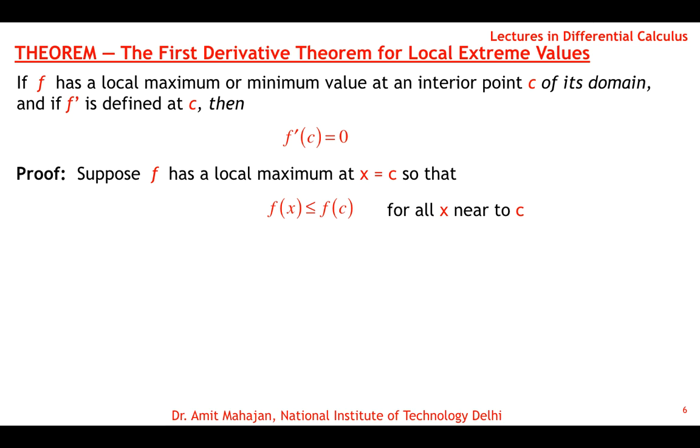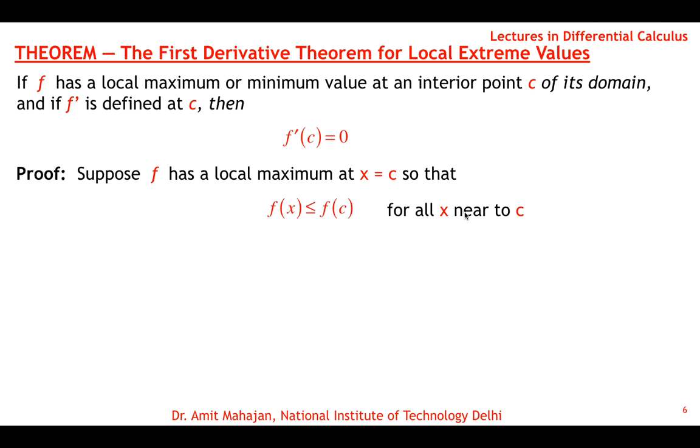First, suppose that f has a local maximum at x equal to c. If it has a local maximum at c, then the function value at c must be greater than or equal to all other function values for all x near c, in this neighborhood of c.